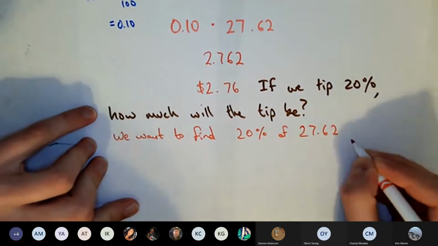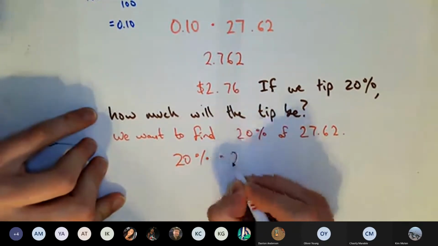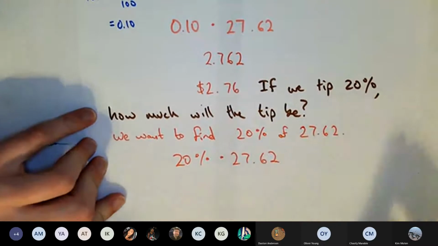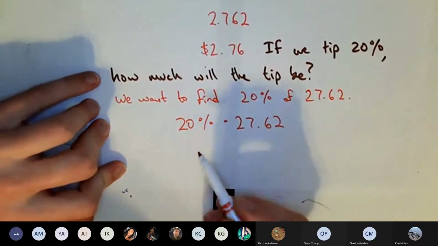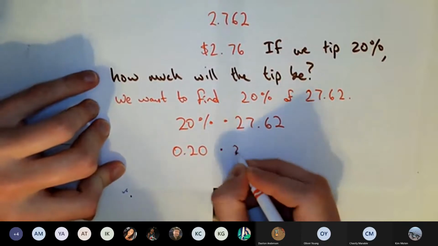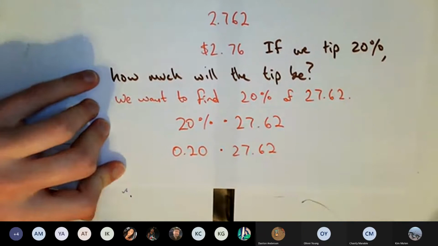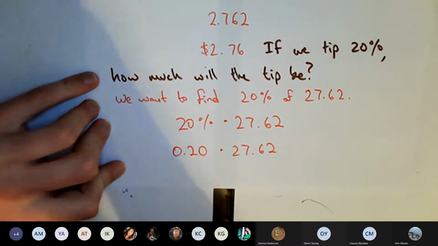That's our bill. In other words, we're going to do 20% times 27.62. Convert the percent to a decimal, so 0.20 times 27.62. And then plug that into the calculator.